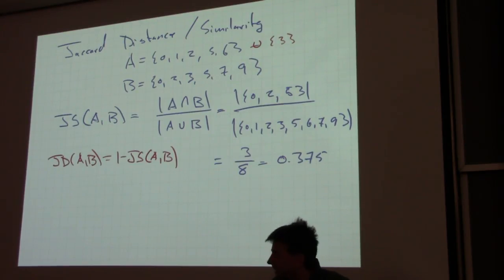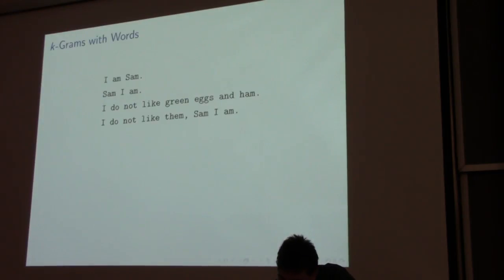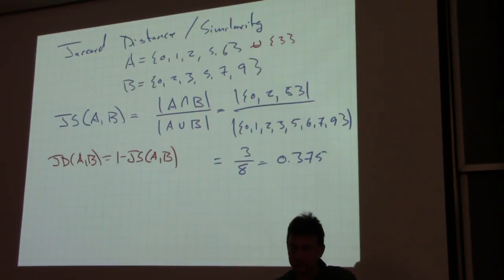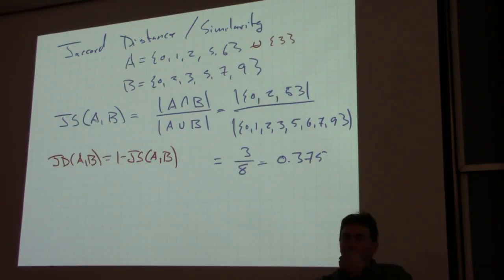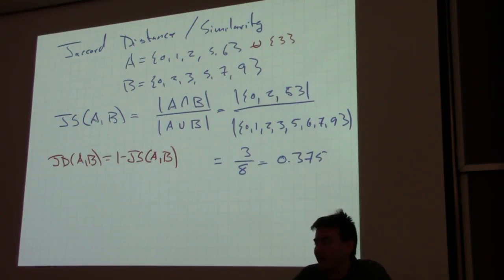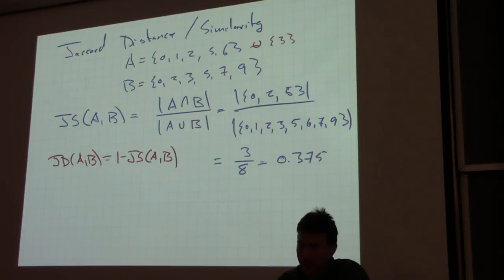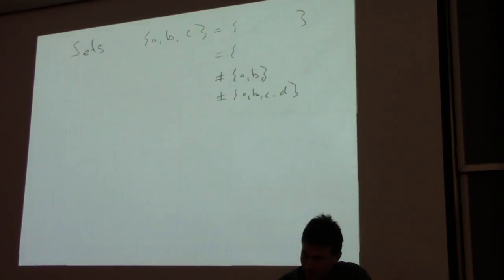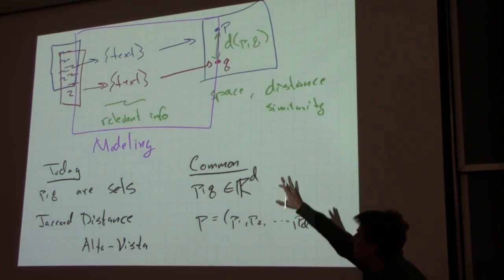Okay, so this seems to make sense as a similarity between sets. Now, I said back here that there was a modeling choice.